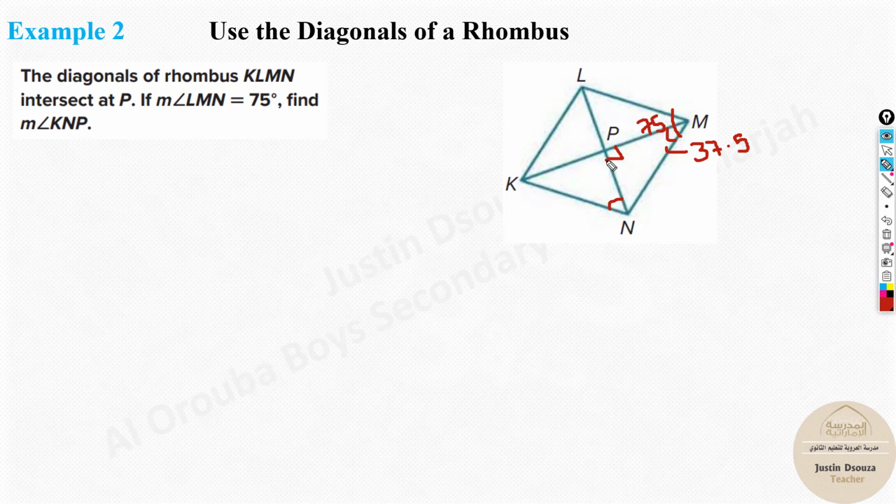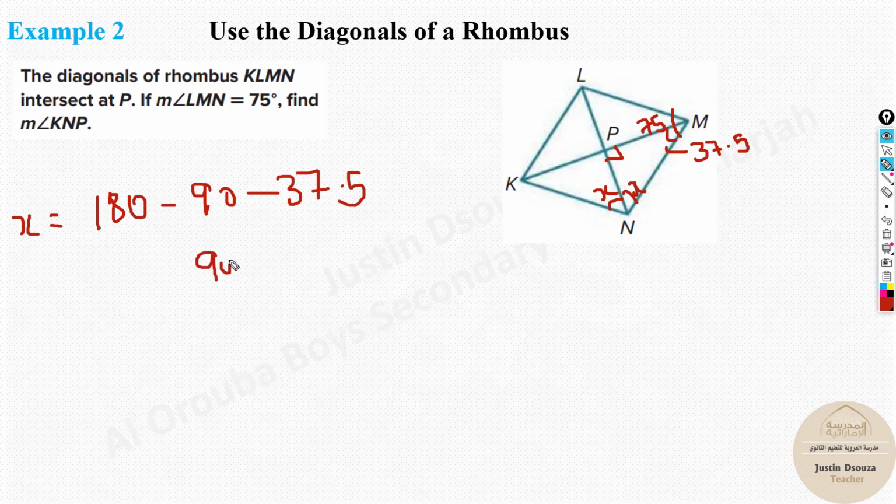Now this is 90, so use the angle property. We can find KNP, same as PNM, right? We'll find this x, then this is equal to this because it's a rhombus. 180, I'm directly writing, minus the known values, 90 minus 37.5, that will be the value of x.